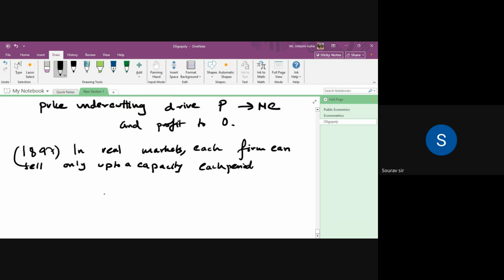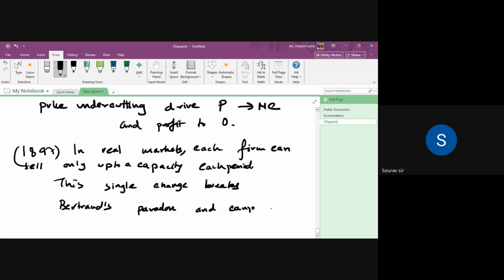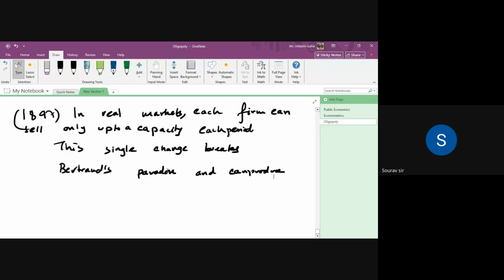So then it's obvious this single change breaks the Bertrand paradox, and can produce no pure strategy equilibrium.